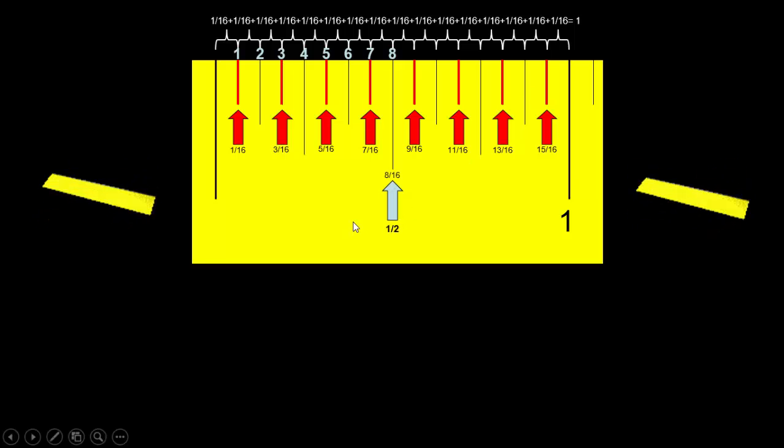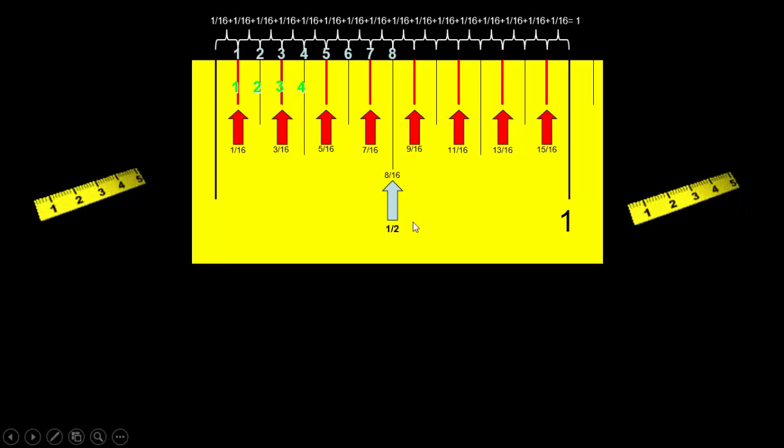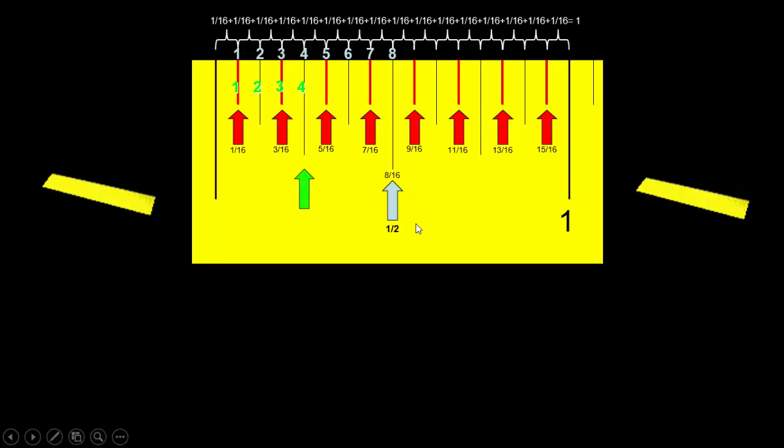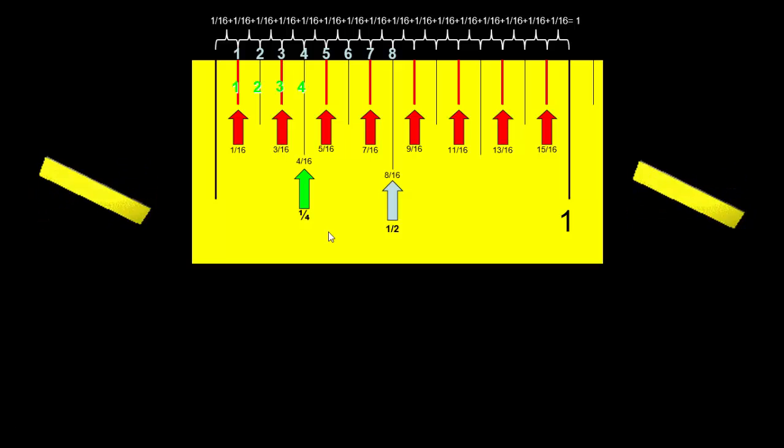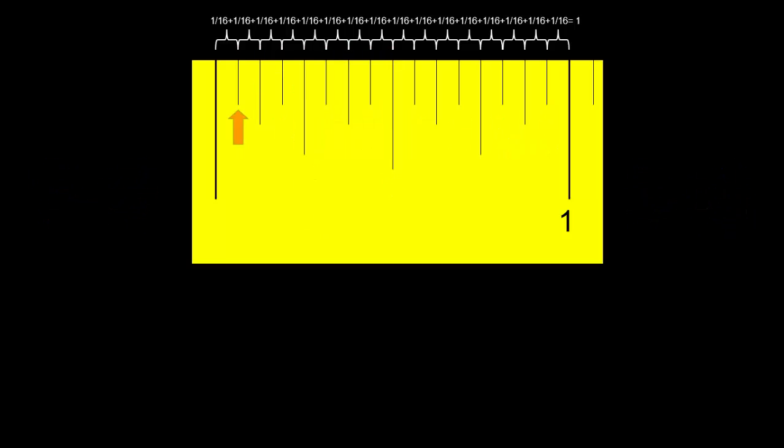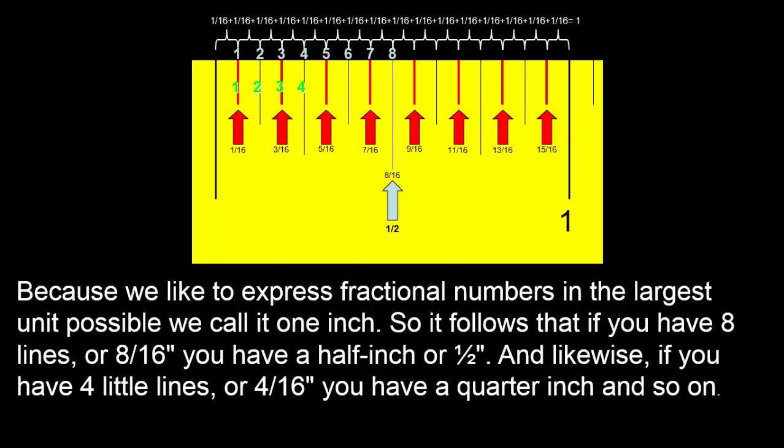16/16 is equal to 1 inch, and then 8/16 is equal to 1/2 of an inch. And 4/16 is equal to 1/4 of an inch. Because we like to express fractional numbers in the largest unit possible, we call it 1 inch.